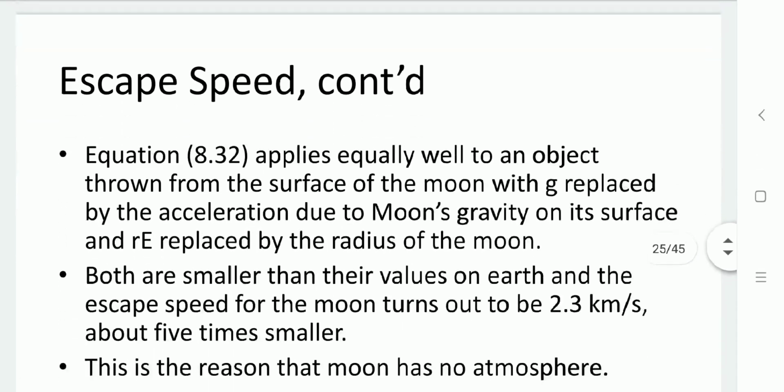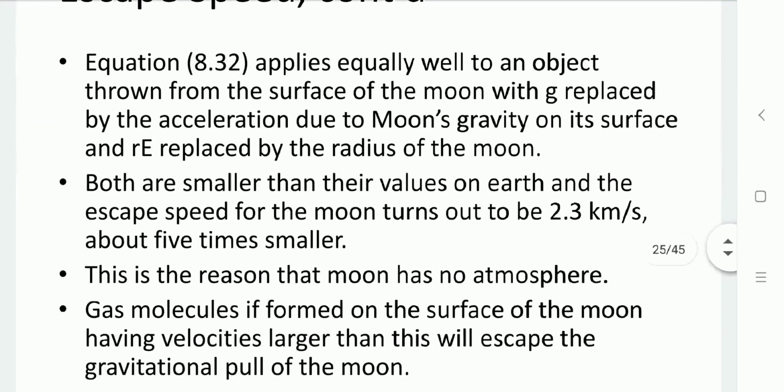That equation applies equally well when an object is thrown from the surface of the Moon, where g is replaced by the acceleration due to gravity on the Moon's surface and Re by the radius of the Moon. Both g and Re are smaller for the Moon than for the Earth.